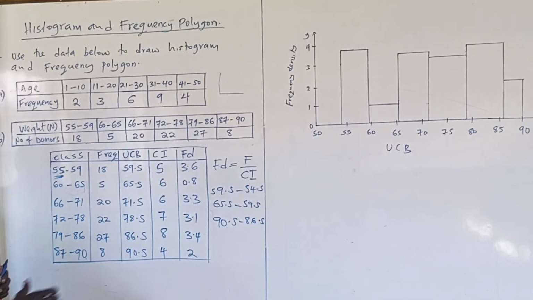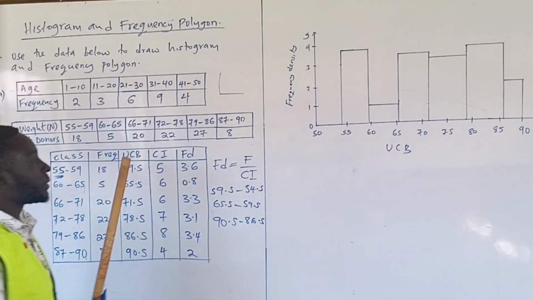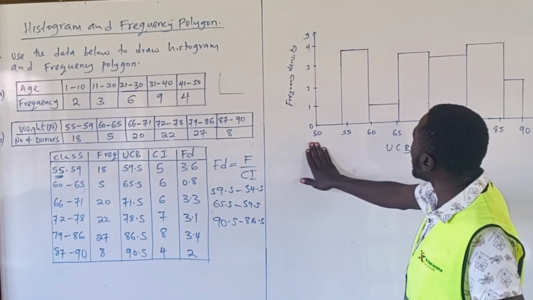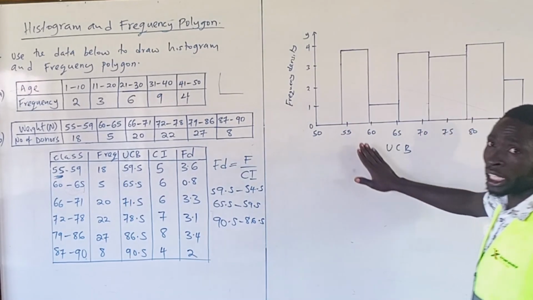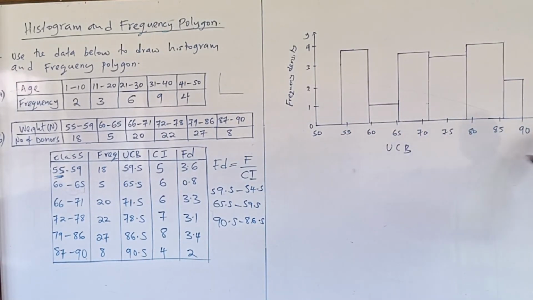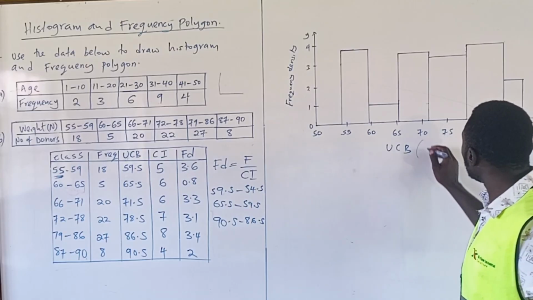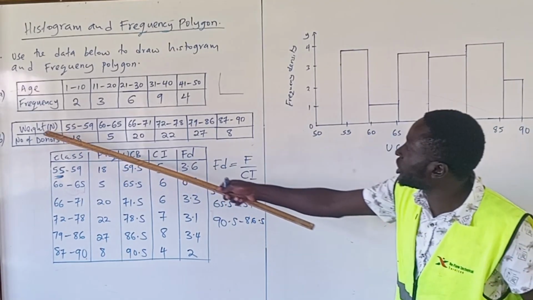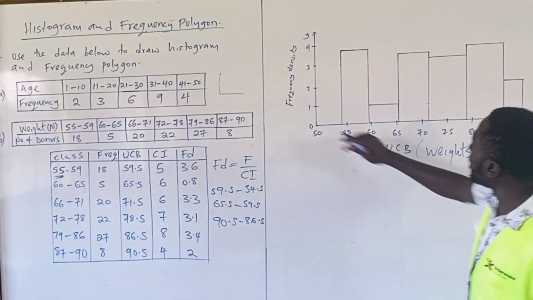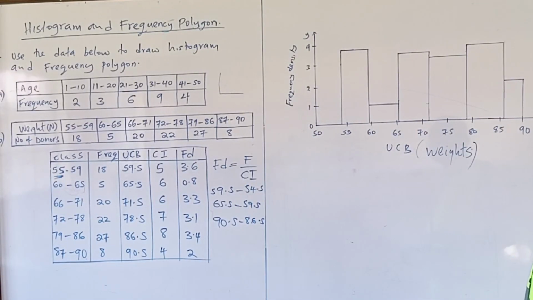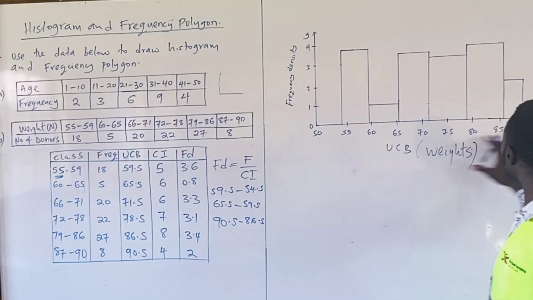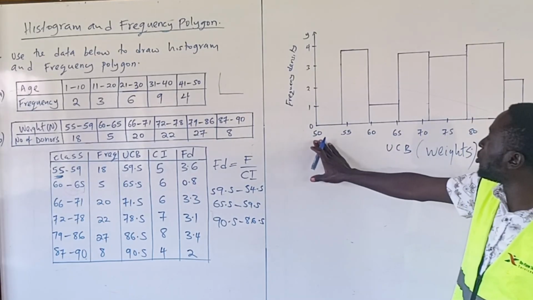So we are going to draw frequency density against class boundary. We said that you tell us where your x-axis is starting and where the y-axis is starting. On this side, the upper class boundary, these are weights. And this is frequency density. On the x-axis, you start from 50.